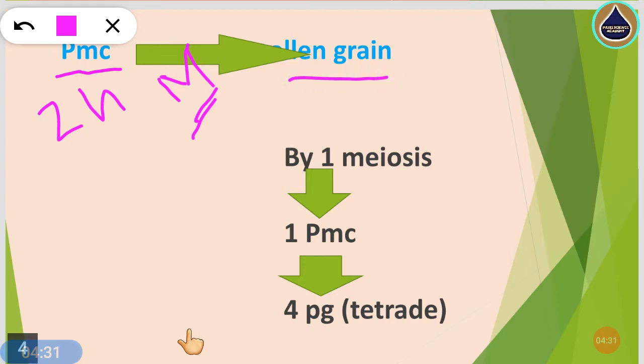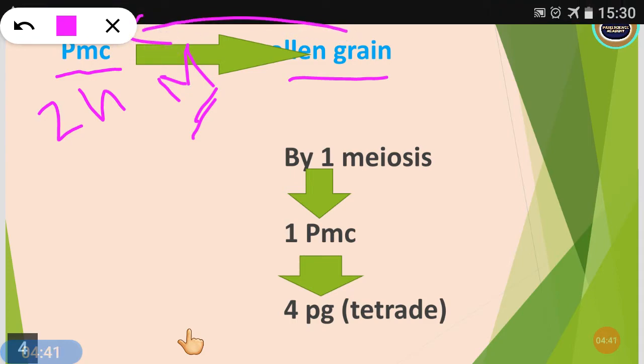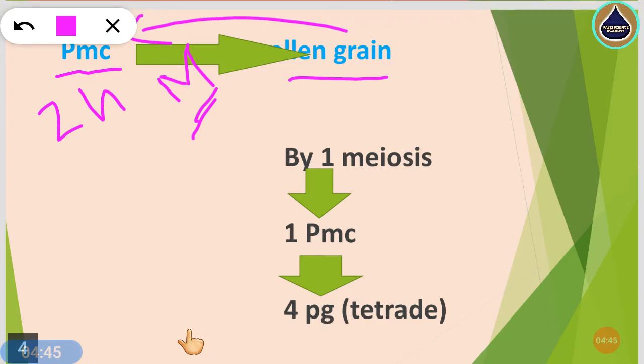I hope you are understanding what a pollen grain is, and that male gametes are formed in the pollen grain. These pollen grains are formed by the pollen mother cell, by the process of meiosis, which is a reduction cell division.